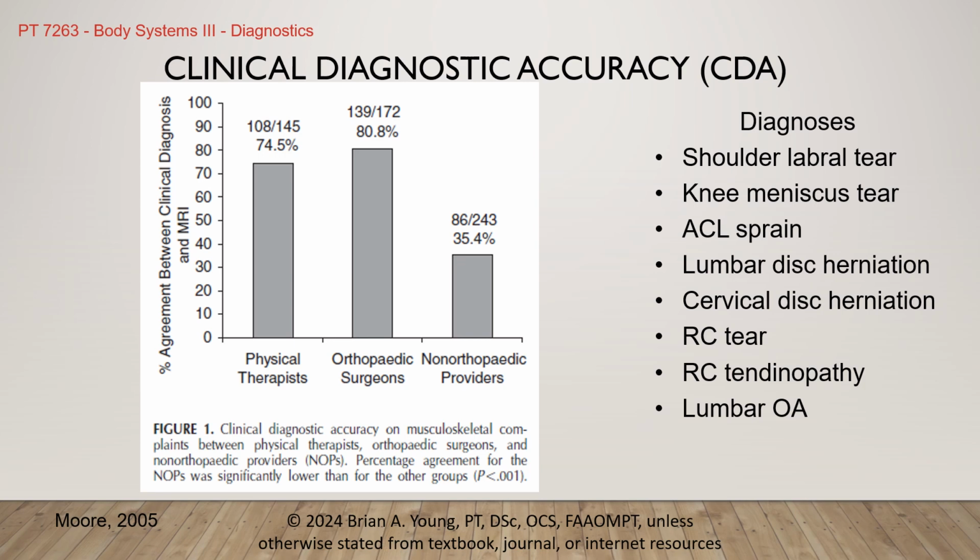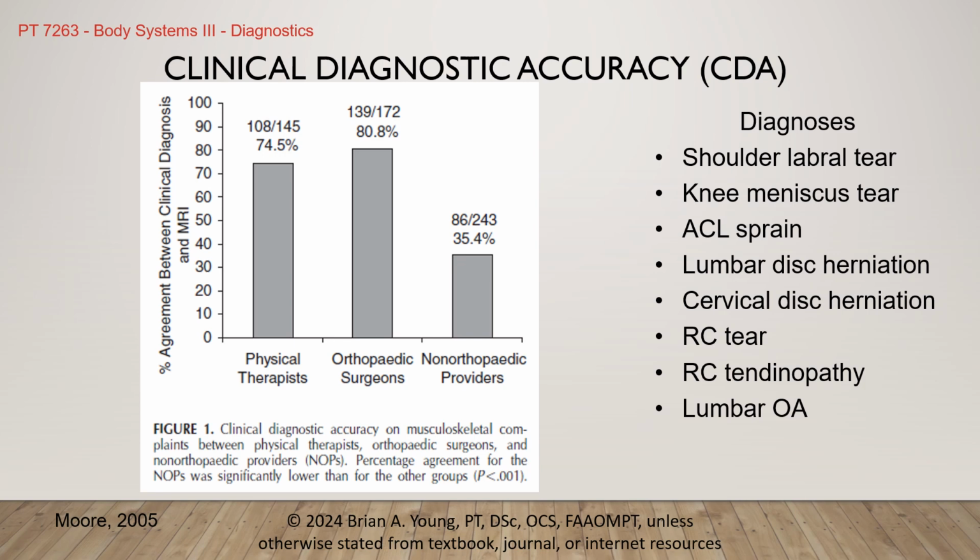What we see here in the percent agreement is certainly orthopedic surgeons had the highest agreement, but physical therapists were just right behind, with our ability to use the same kind of physical examination skill set as orthopedic surgeons. As we see with non-orthopedic providers, so family medicine, physician assistants, nurse practitioners, much lower percent agreement in trying to get the diagnosis they think is going on with imaging and having those confirmed and being accurate.